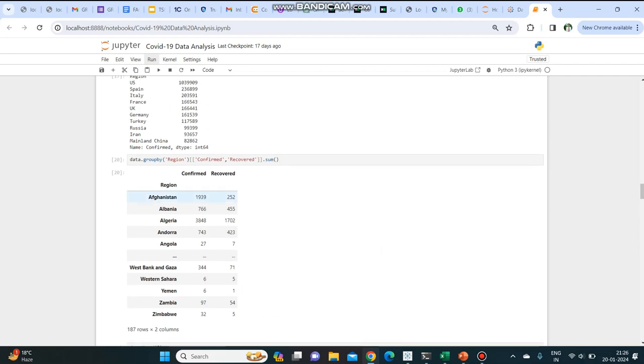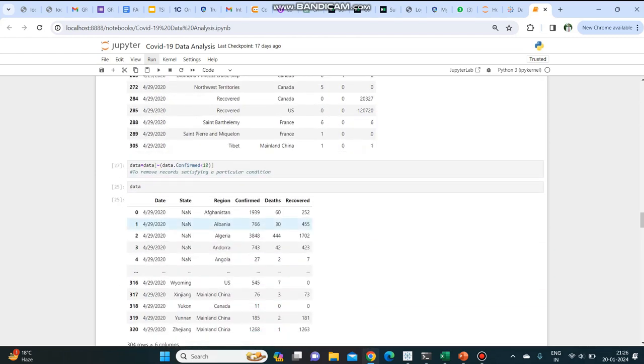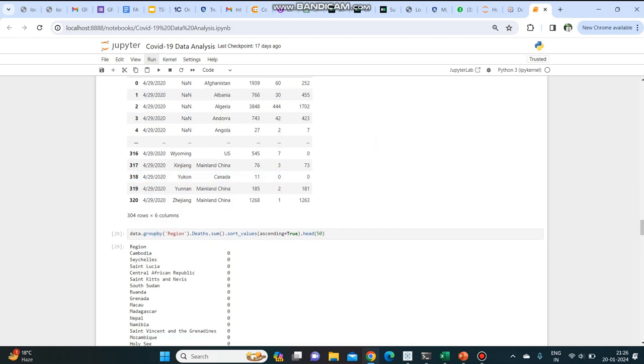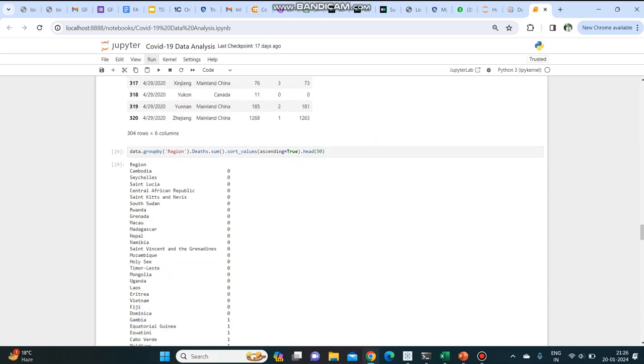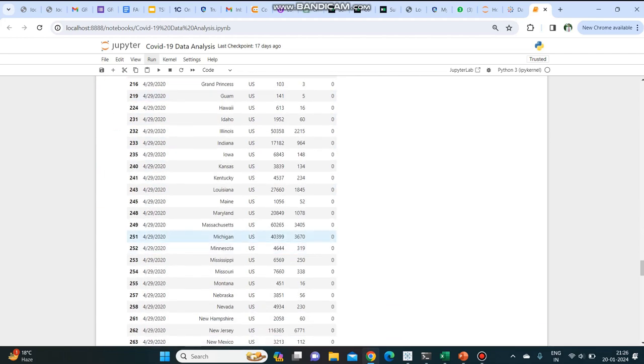Later on, we also analyzed the recovered ones, each country-wise, again in alphabetical order. And lastly, we look at the death numbers, and I arranged it in ascending order. So that was all about the world's COVID-19 data analysis.